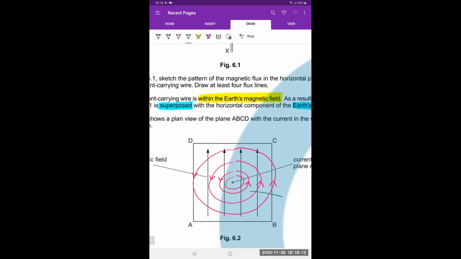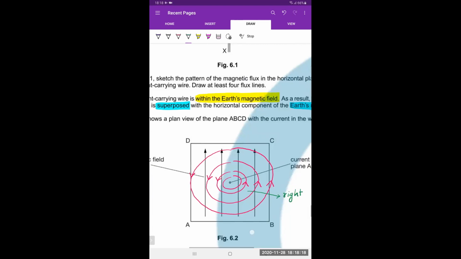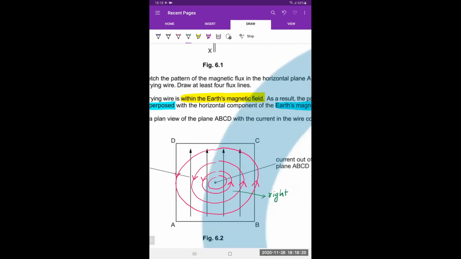and I think you would all appreciate that the region which I'm marking, which is the region on the right hand side of the wire, इस जगह पर I think you would agree that the Earth's field and the field of the wire would both reinforce with each other. Or you can say that the two fields are going to add up with each other, because they are pointing in the same direction.